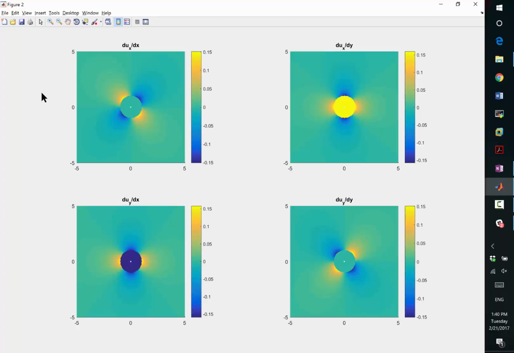The antisymmetric part of the velocity gradient tensor. The antisymmetric matrix naturally has 0 diagonal components, because it has to be antisymmetric, right? So this is the first thing we discovered, and there are more things to consider.